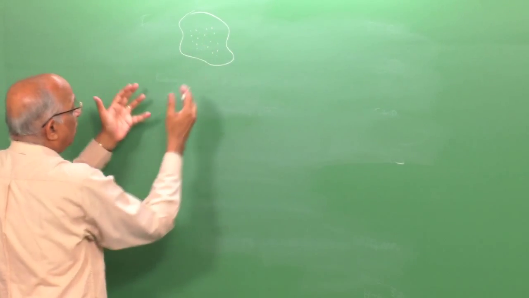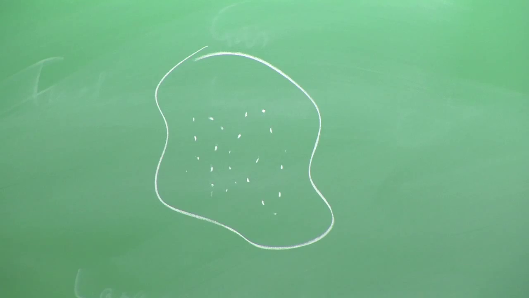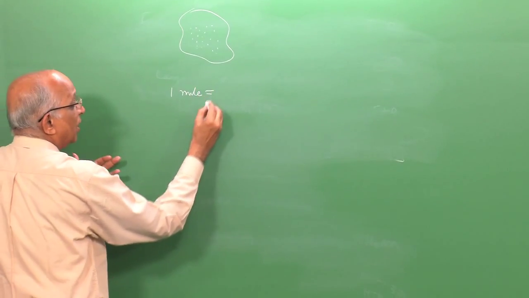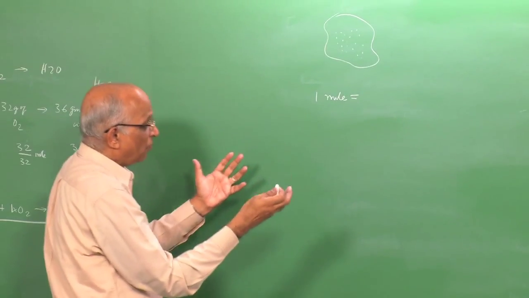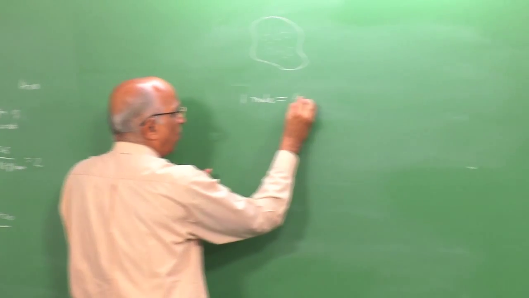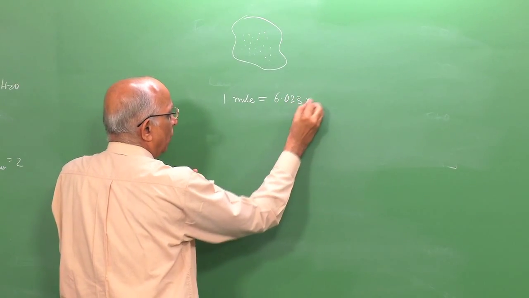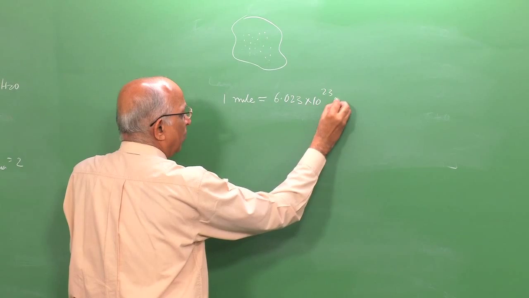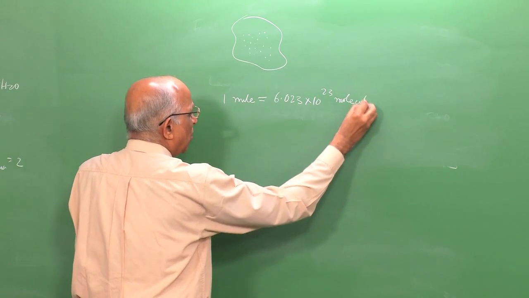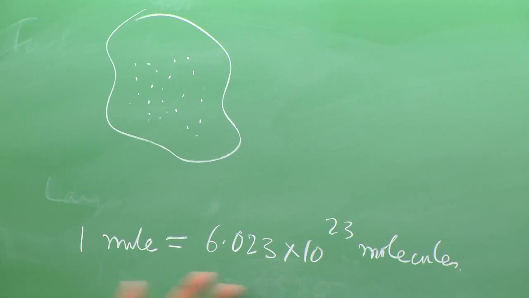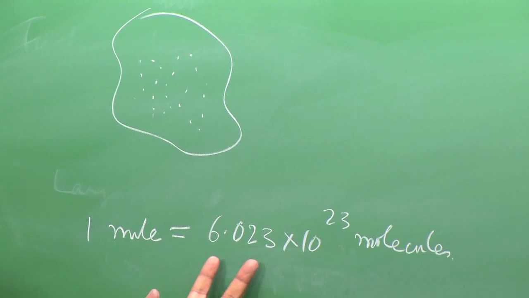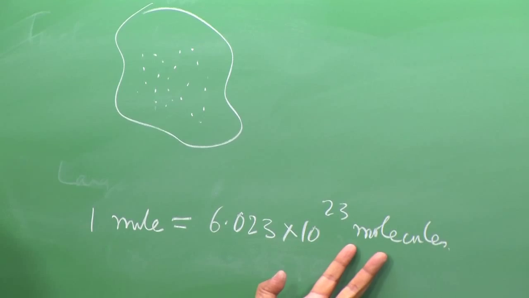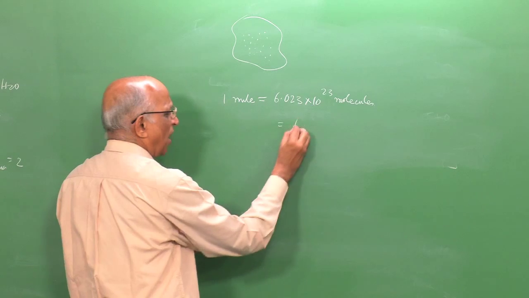Therefore, if I say 1 mole of a substance, it contains Avogadro's number of molecules, that is 6.023 into 10 to the power 23 molecules. Let us not confuse the words molecules and moles. Well, 1 mole consists of 6.023 into 10 to the power 23 molecules, which is known as Avogadro's number.